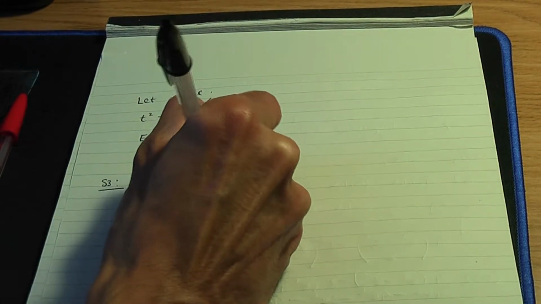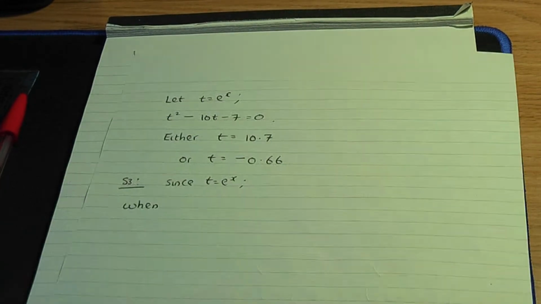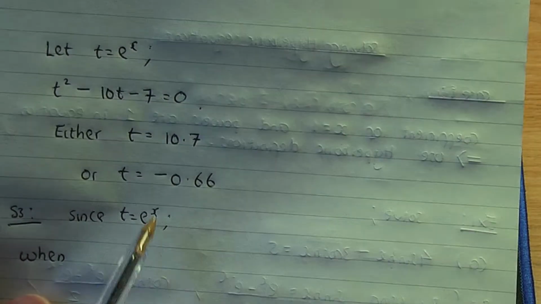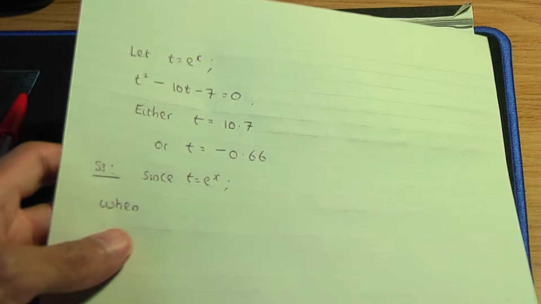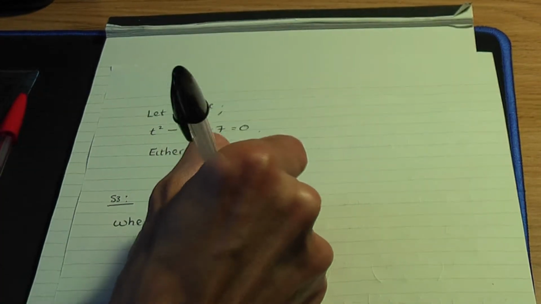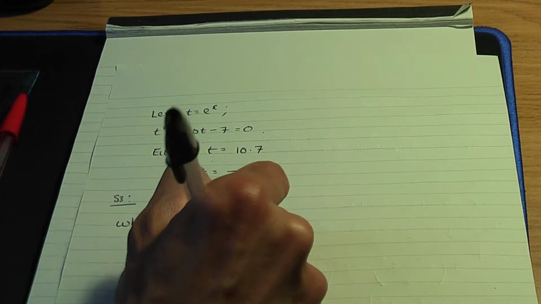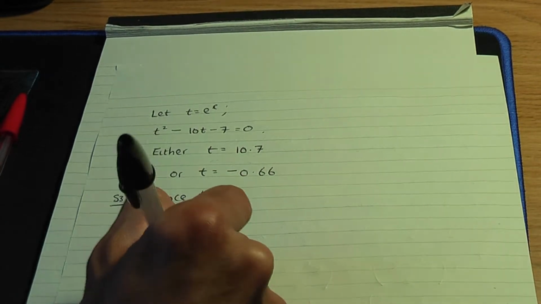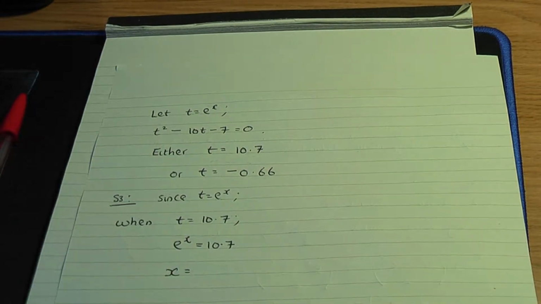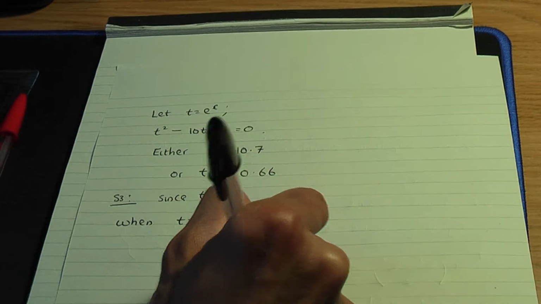So since t equals e to the x, firstly let's work out the x solution when t is 10.7. So when t is equal to 10.7, e to the x will be 10.7, and if you take ln's or logs on both sides, x is ln 10.7.